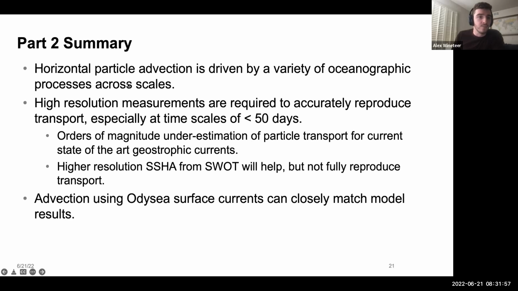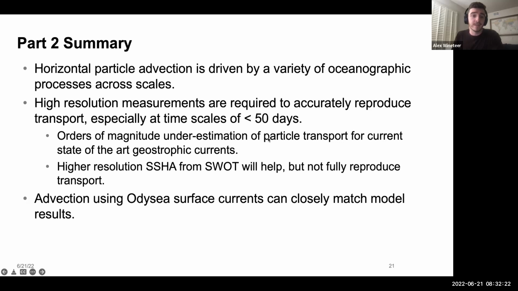Okay, so the part 2 summary here is that horizontal particle advection is driven by a large variety of oceanographic processes across the range of scales. We really need high resolution measurements and really good temporal sampling to reproduce ocean transport along the surface, especially at smaller timescales.